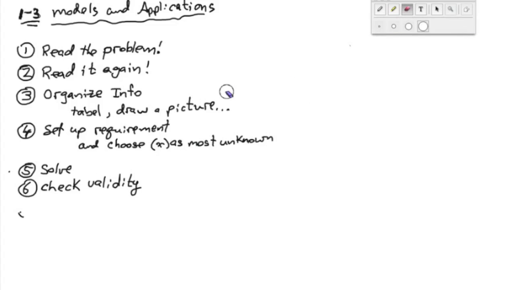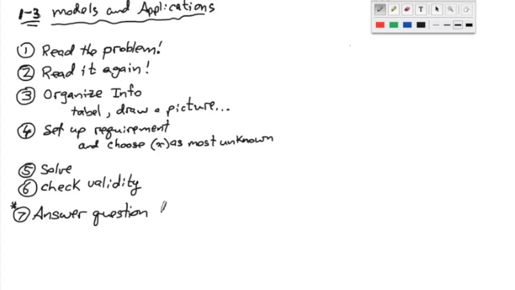5, solve. 6, check validity. If you get an answer, I'm going to give you, for instance, I asked you to paint this room. You do the work on the problem, you come up with 80 gallons of paint. Do you think it would take 80 gallons of paint to paint this room?